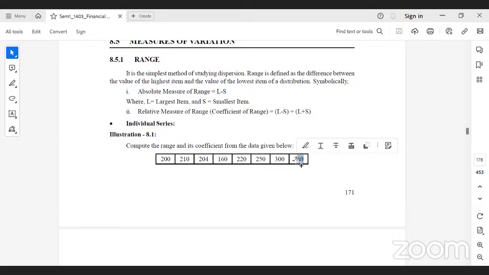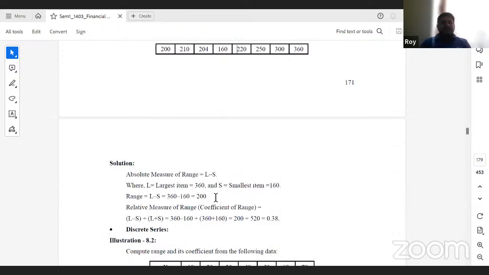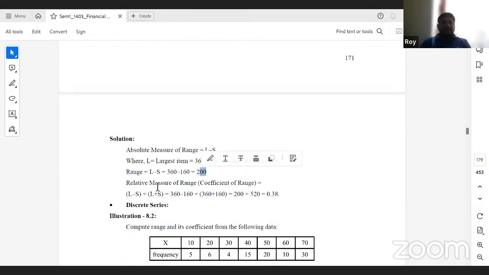Lowest number? 160, sir. Yes, and 360 minus 160 is 200. The relative measure, the coefficient of range, is L minus S divided by L plus S.